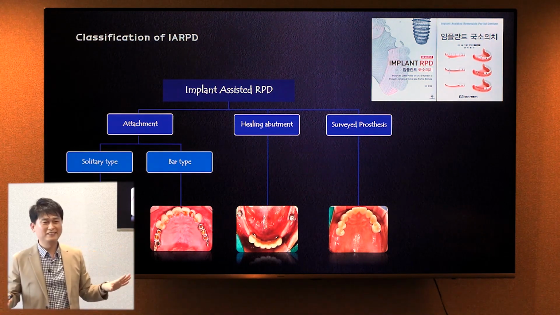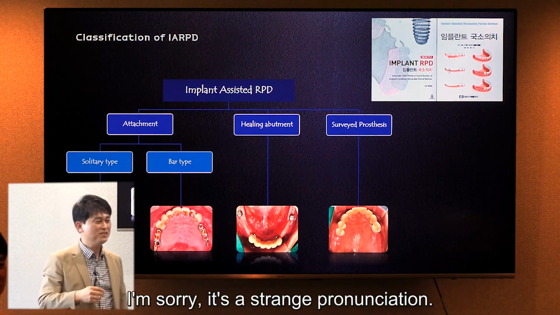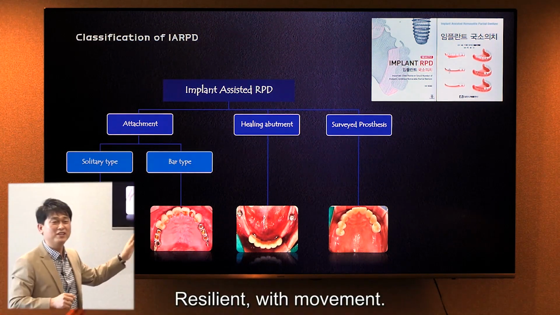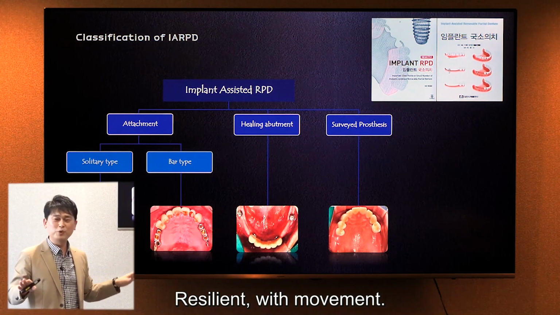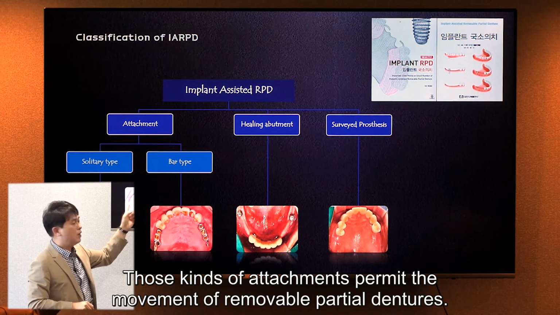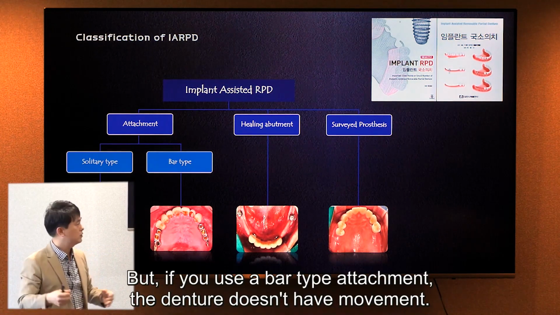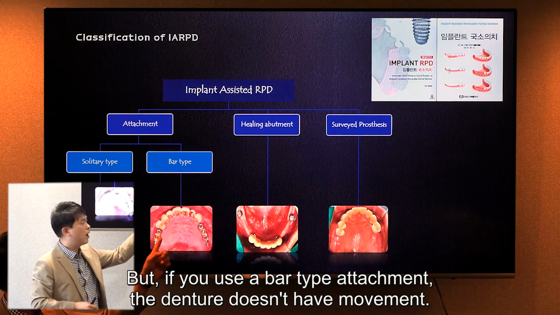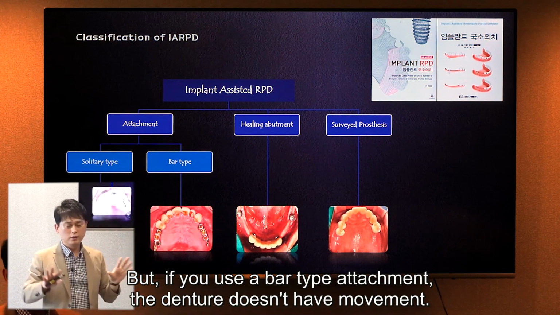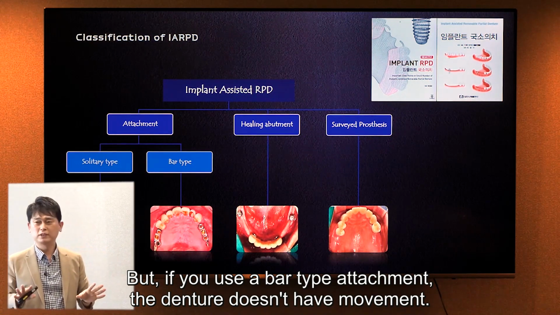Resilient, is that right? I'm sorry, it's a strange pronunciation. Anyway, resilient, with movement. Those kinds of attachments permit movement of the removable partial denture. But if you use a bar type attachment, the denture doesn't have movement.